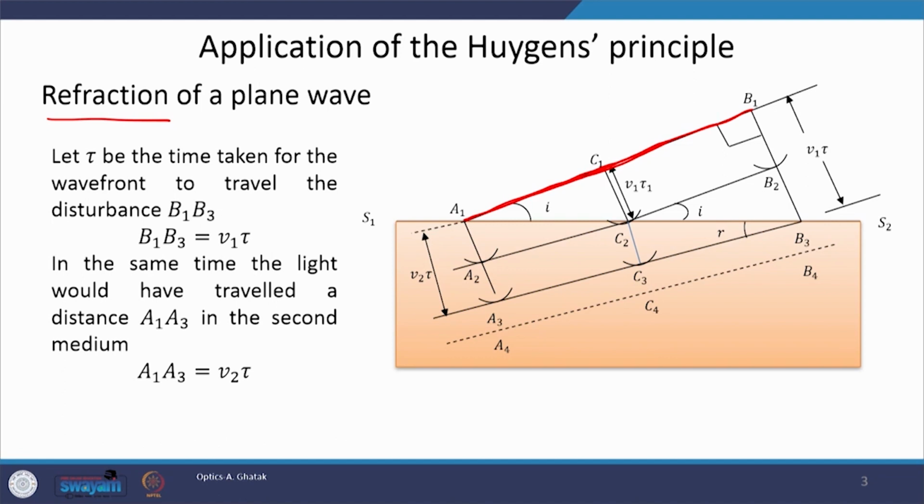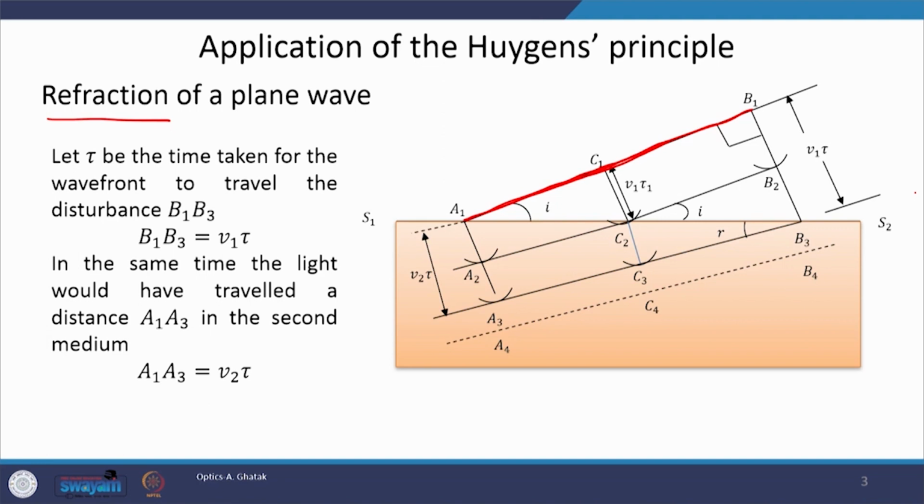S1 S2 divides the two media. Above S1 S2 there is a medium of one refractive index, and below S1 S2 there is a medium of a different refractive index. The wavefront falls from the top medium at this interface, and then it gets refracted into the second medium. The second medium is drawn here with a shaded, brownish color.